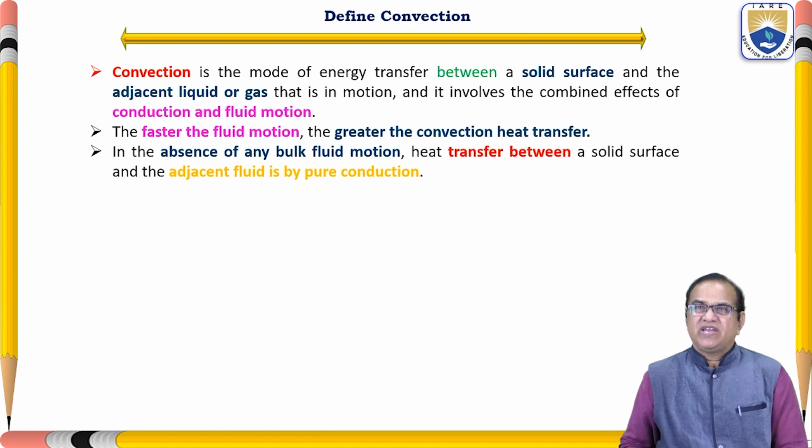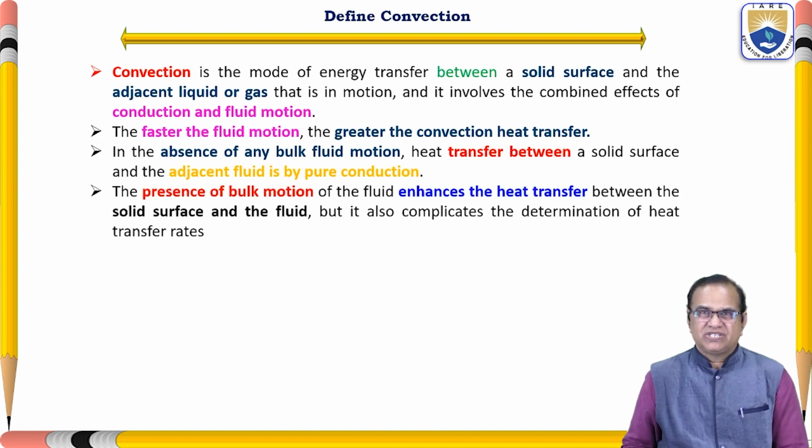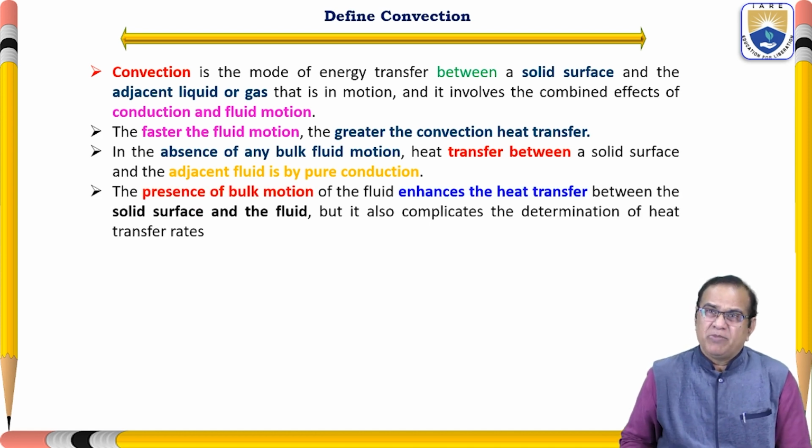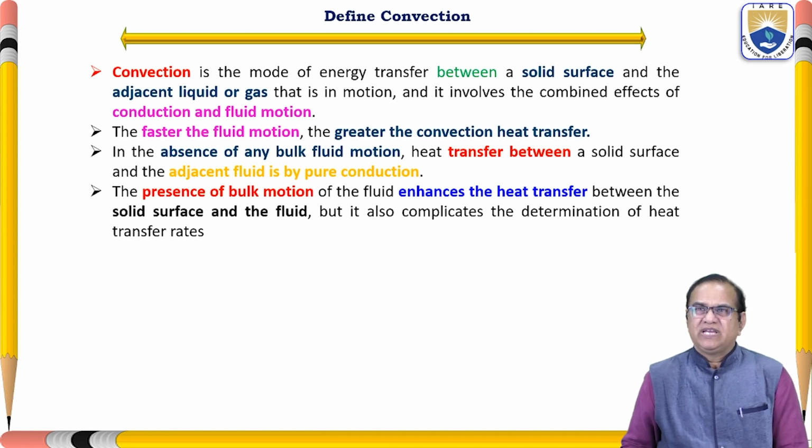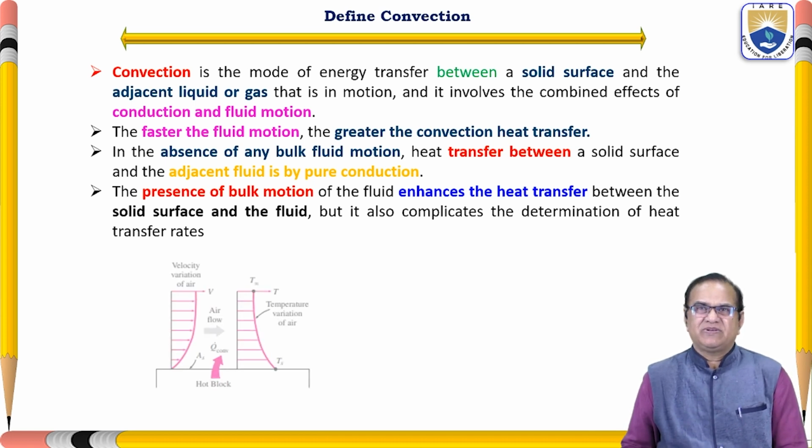In the absence of any bulk fluid motion, heat transfer between a solid surface and the adjacent fluid is by pure conduction. The presence of bulk motion of the fluid enhances the heat transfer between the solid surface and the fluid, but it also complicates the determination of the heat transfer rate.